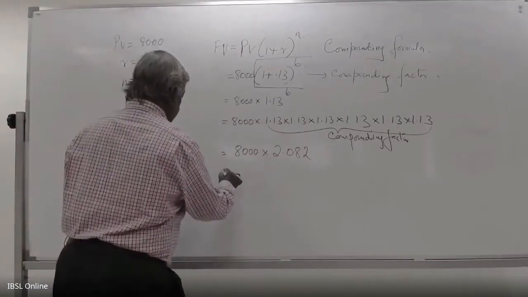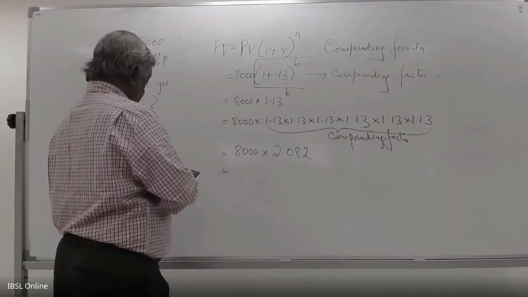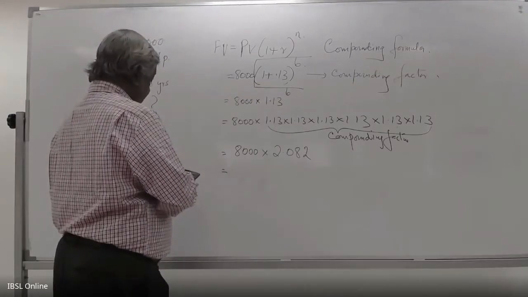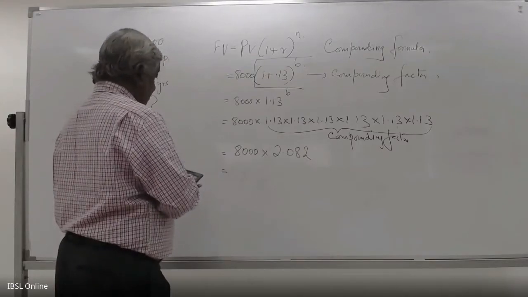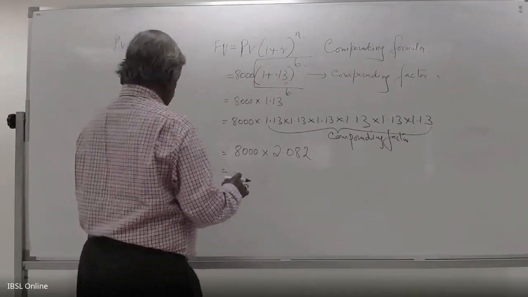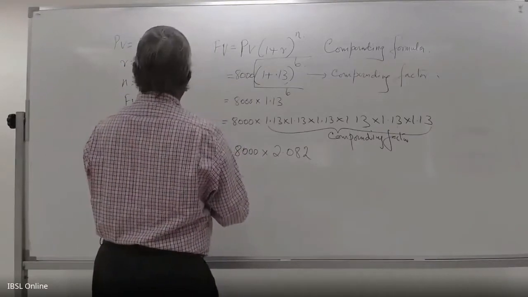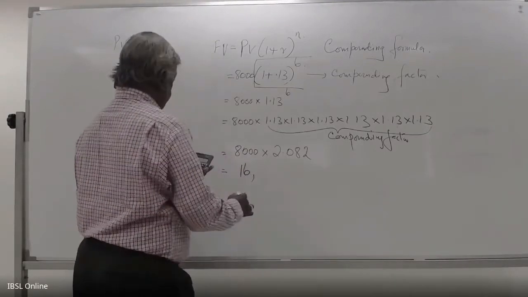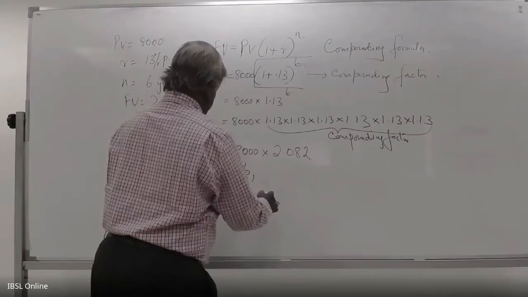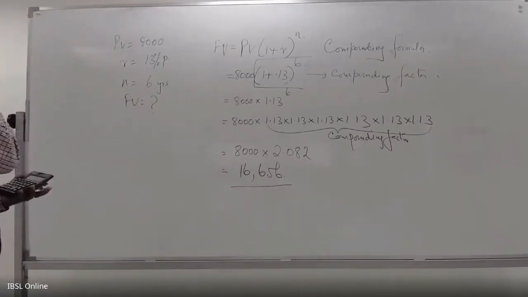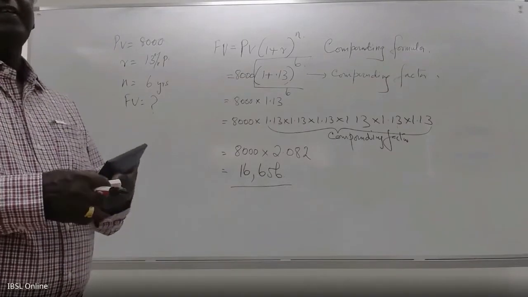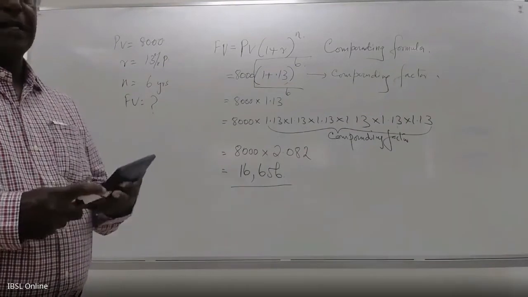So this is equal to 8,000 into 2.082, equal to 16,656. The future value is 16,656.